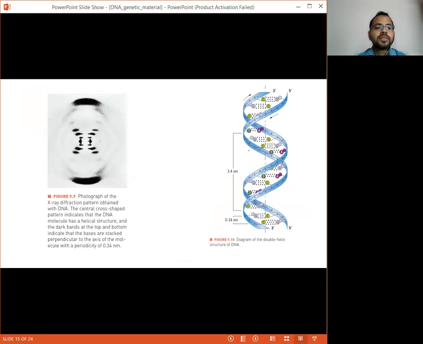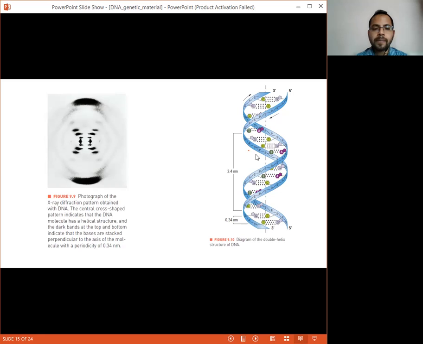Again, this is the DNA double helix structure which was confirmed by X-ray crystallography, and here is the well-known DNA duplex, helical in nature.